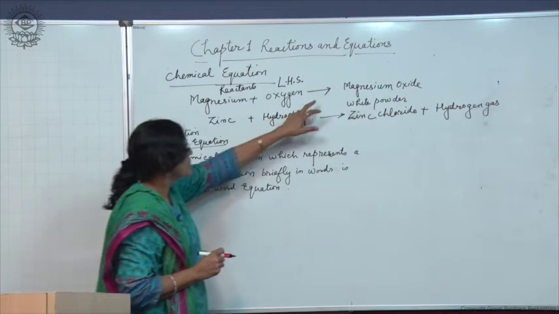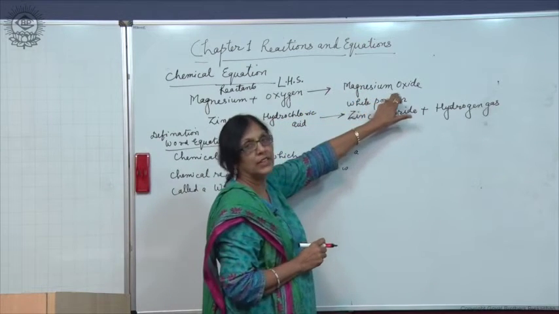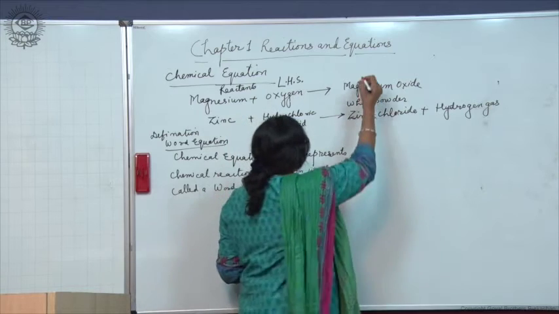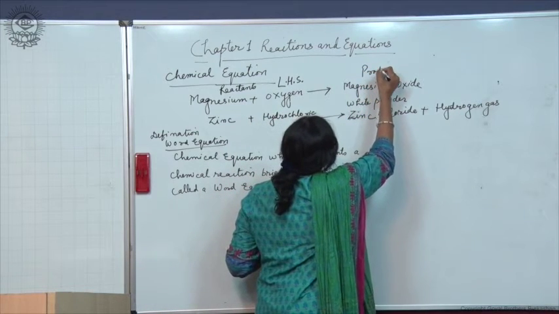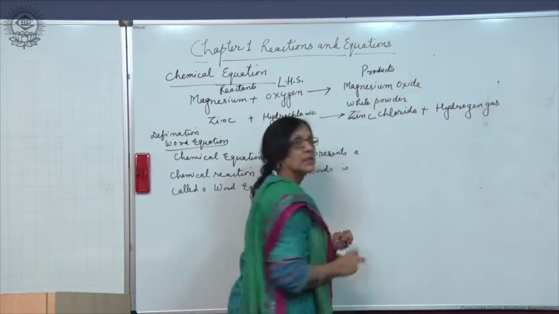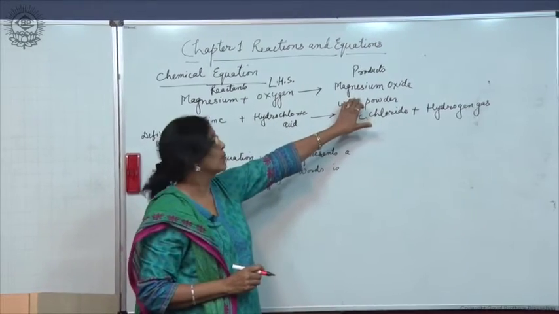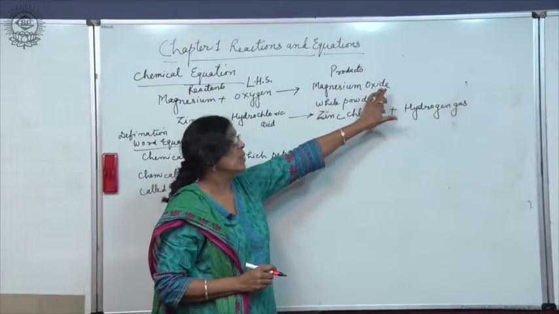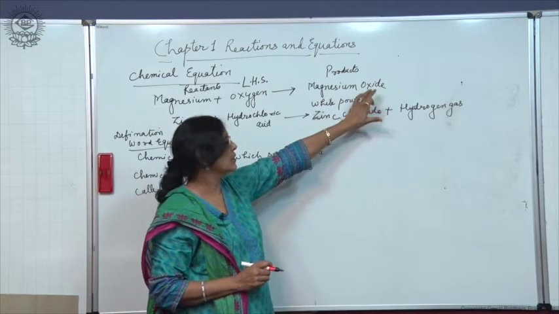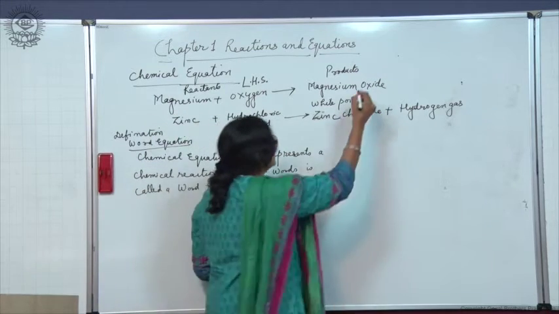The substance formed during the chemical reaction is called the product. Here, can you tell me what is the product? The product is magnesium oxide, and the product is always written on the right hand side.